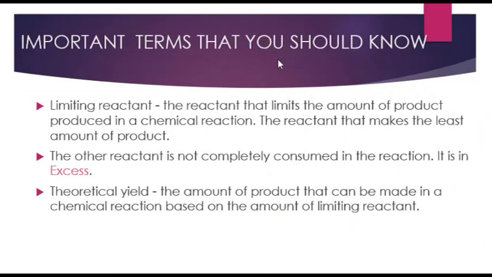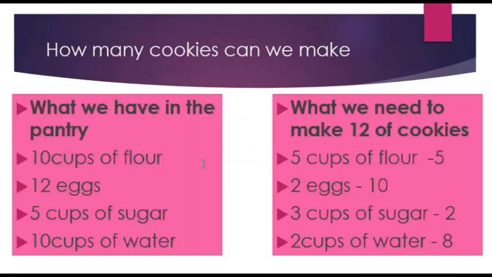So, important terms that you should know. Limiting: the reactant that limits the amount of product produced in a chemical reaction. It is the one that makes the least amount of product. While the other reactant that is not completely consumed is called the excess. So, who is the limiting reactant here? Sugar. Who are the excess?